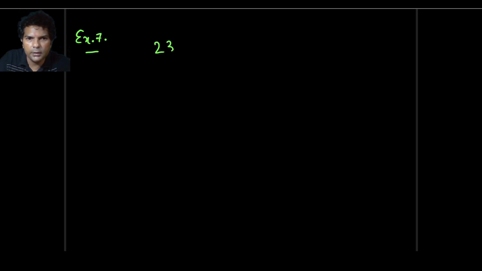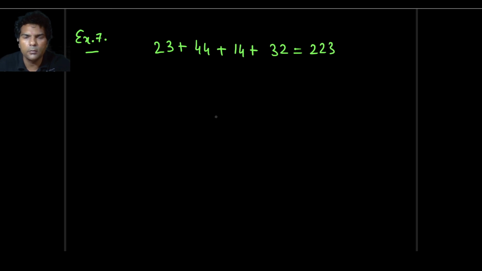Now the next question is 23 plus 44 plus 14 plus 32 is equal to 223. In which base is this left-hand side equal to 223? Correct.